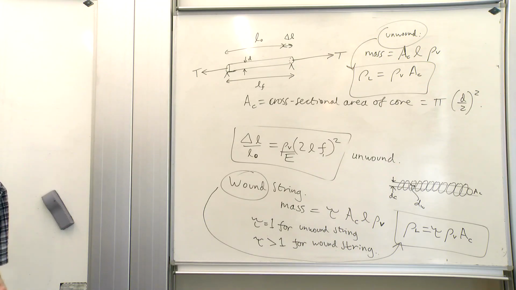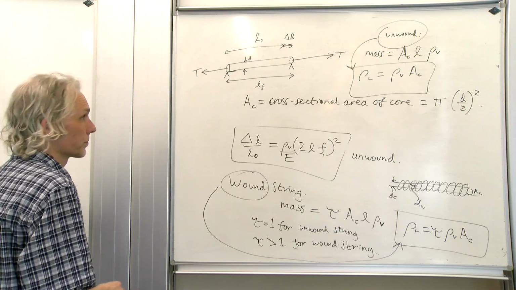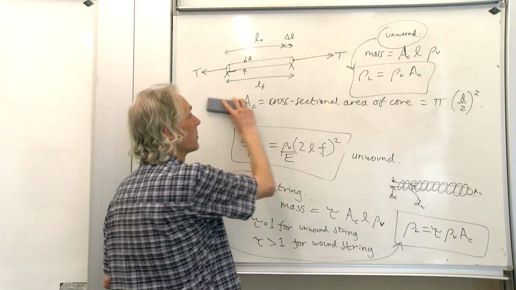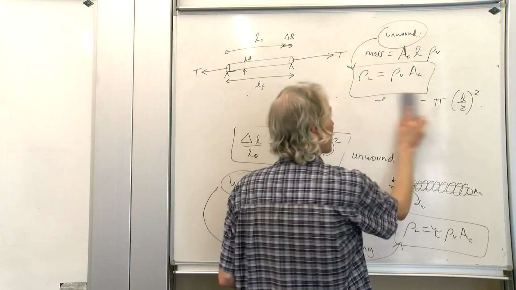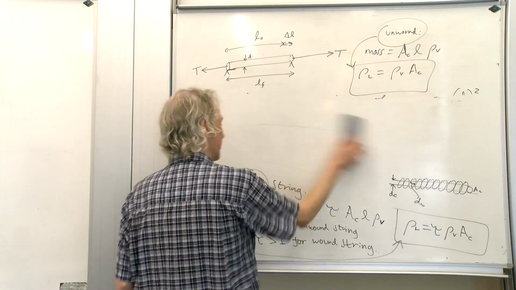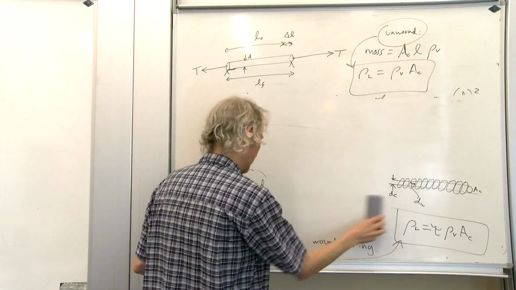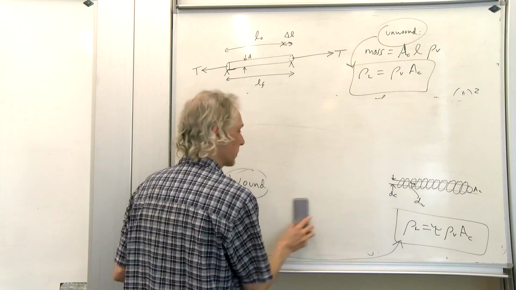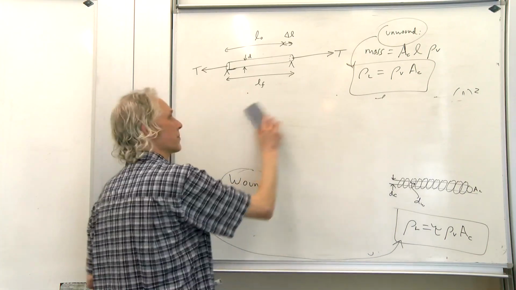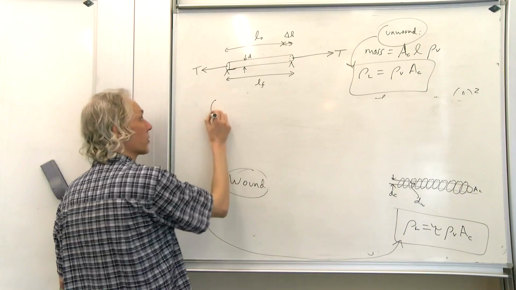Okay, so that has an impact on the equations that we were doing earlier on. So we need to redo some equations to take all that into account and work out what frequency does.